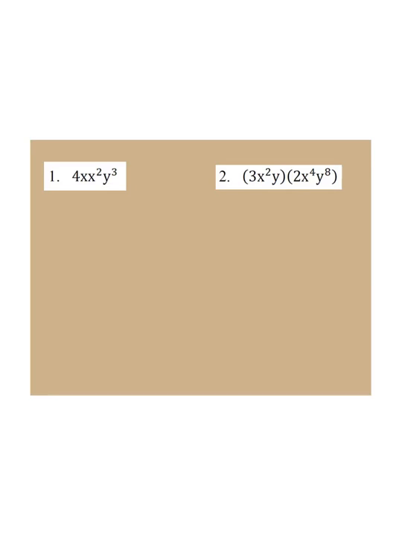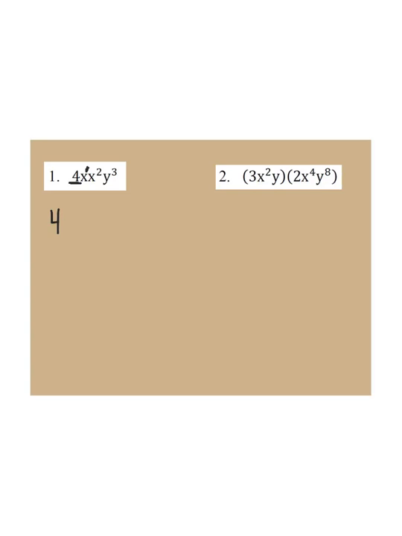So let's look at the first example here. I have 4x times x squared times y to the third. You have to keep in mind that your 4 and your first x are 2 separate things. It's not 4x, it's 4 times x times x squared times y to the third. This x here has an imaginary 1 as its power. So as a coefficient, I just have 4. The 4 is going to stay. x to the first times x squared.